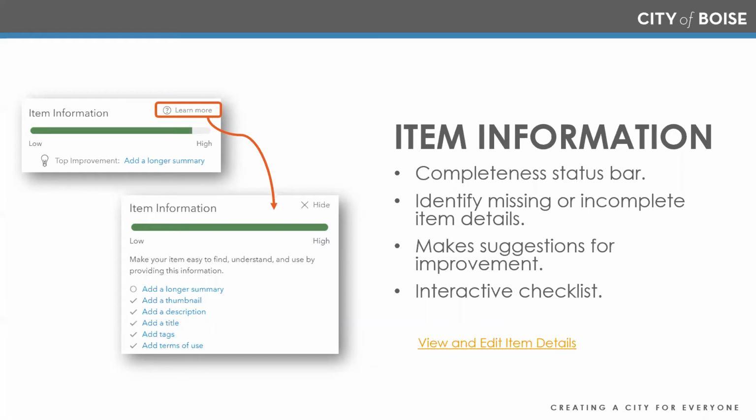And one of the things to know too is that the more complete your information is, the better. Especially if you've marked it as authoritative, it will bump your content up in the ArcGIS Online search so that people will more easily find it.